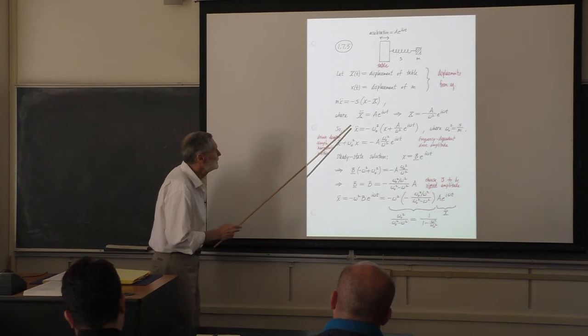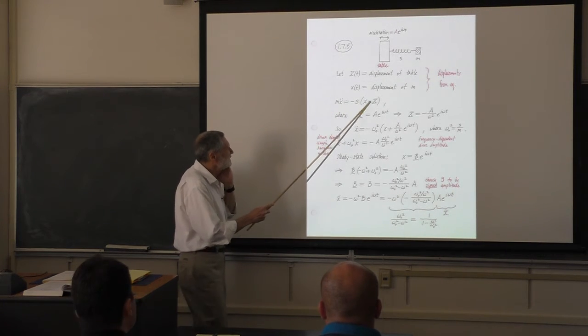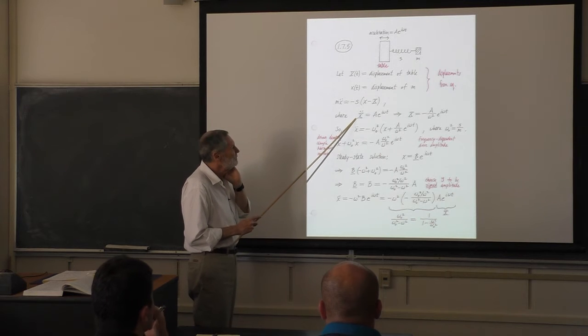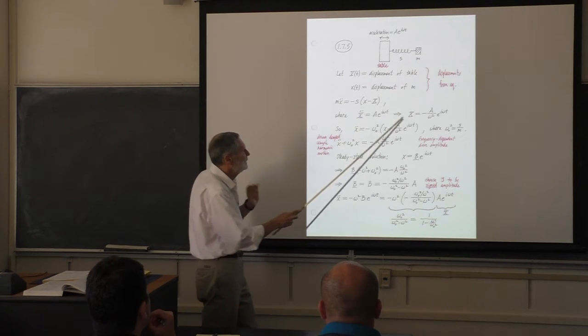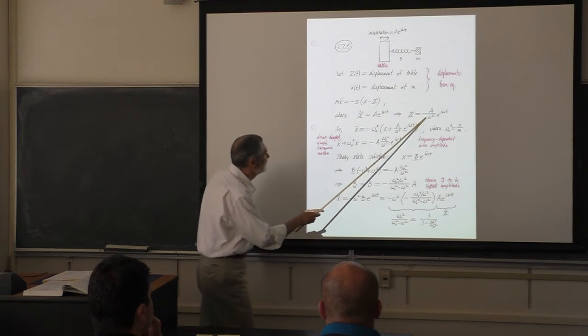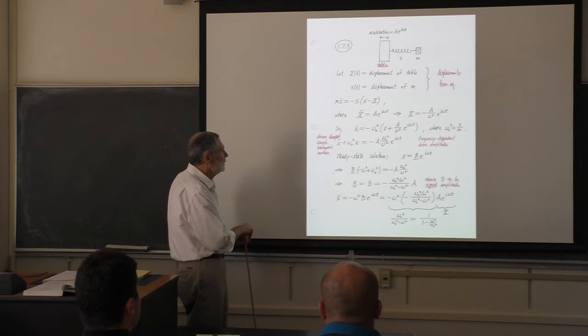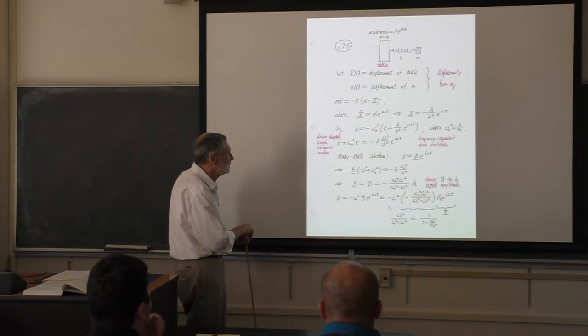Okay, so how do we proceed here? Well, we essentially know the acceleration of the table, so we can integrate with respect to time twice, and we get this for the position. We can then substitute that into our equation of motion for little x.